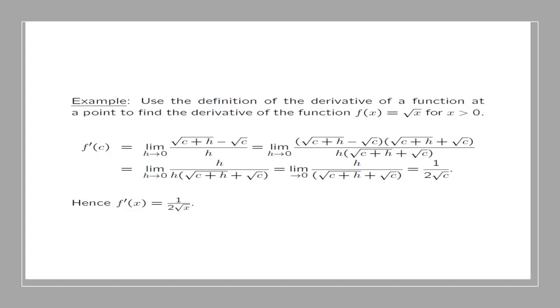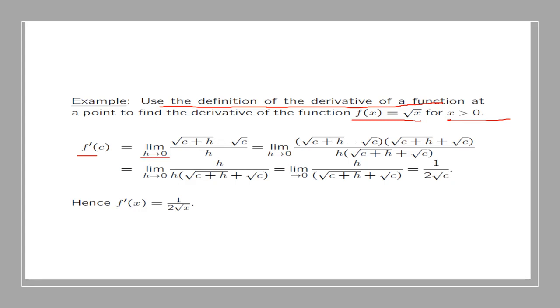So as an example, we have the function f of x given by f of x is root x. This example says to use the definition of the derivative of a function at a point to find the derivative of f given by f of x is root x for x bigger than 0. Now, by definition, f prime at c is the limit as h goes to 0.